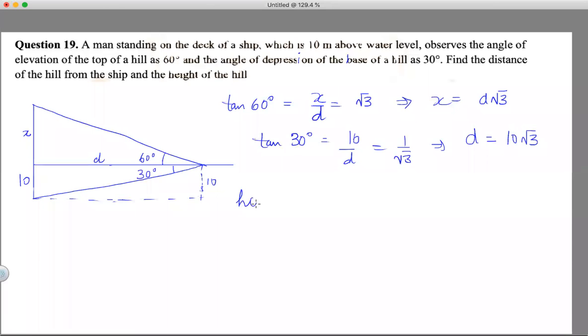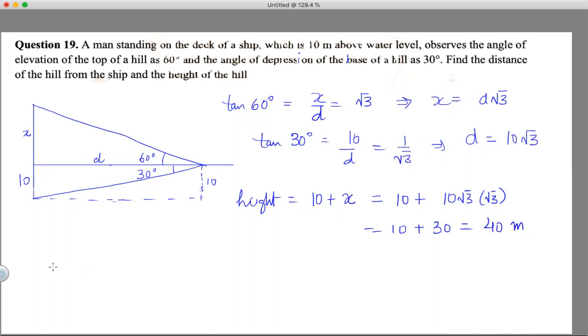Height is equal to 10 plus x, which is equal to d root 3. What is d root 3? d is 10 root 3, right? So 10 plus 10 root 3 into root 3, which is 10 plus 30, is equal to 40 meters.